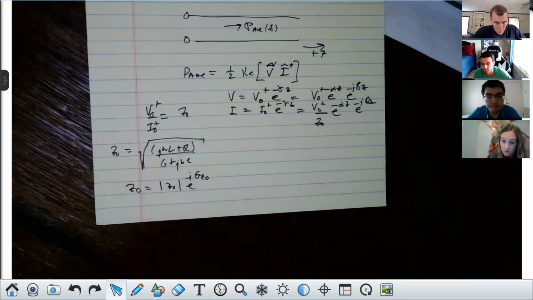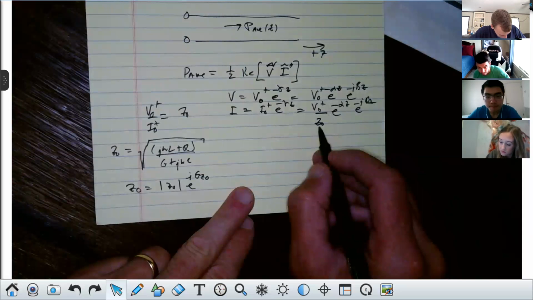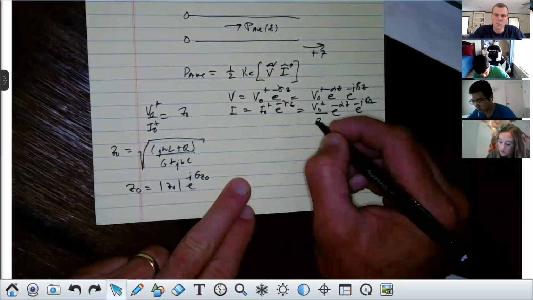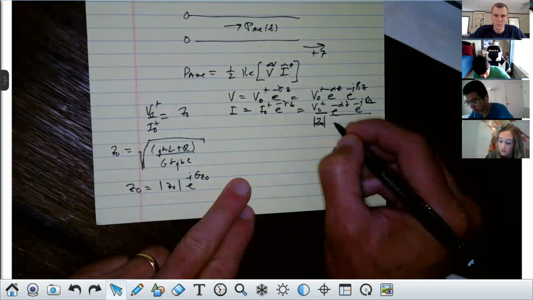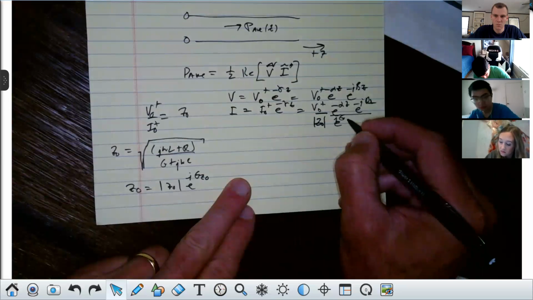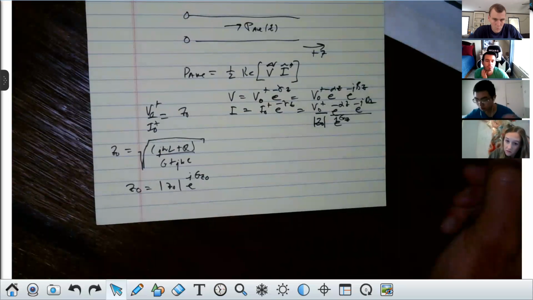With me so far? Now, this is I in general, but Z is not in terms of a magnitude and angle, so I'm going to go ahead and make it a magnitude and angle. I'm just going to put a magnitude there, and the angle's downstairs, so it's e to the j theta Z. I'll just leave it at that. You all follow me? I put it as a magnitude and an angle, correct, class?